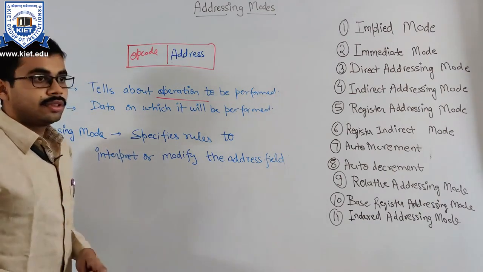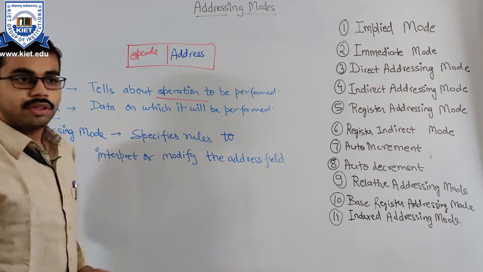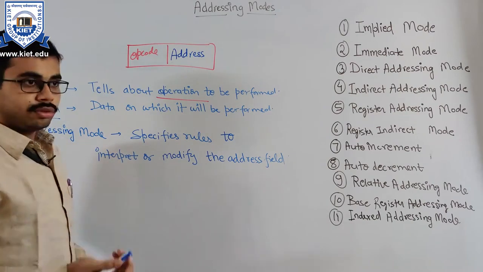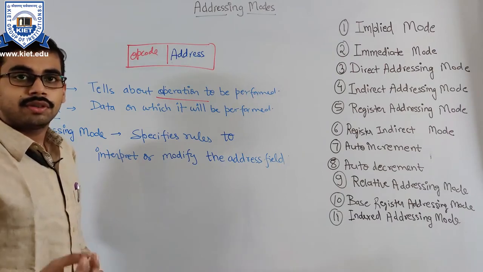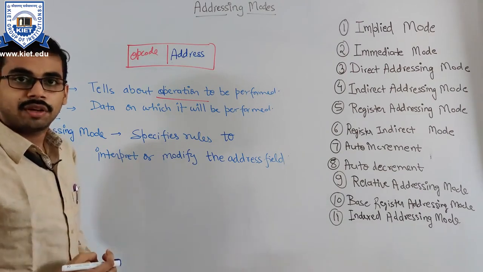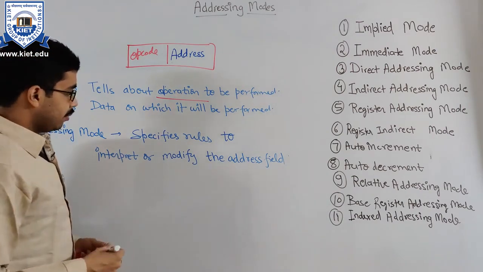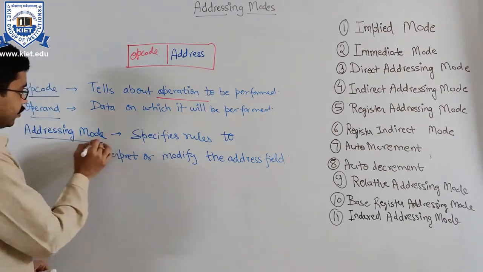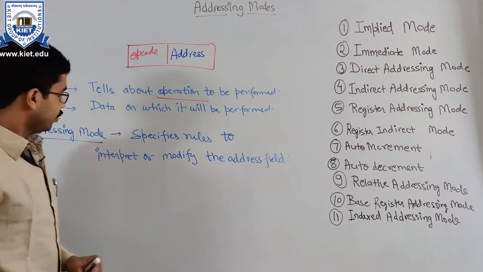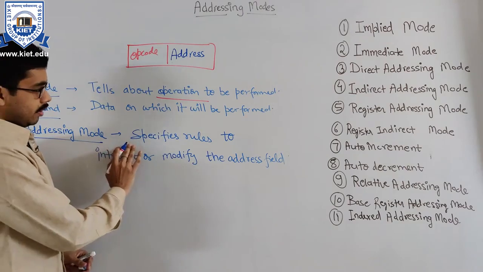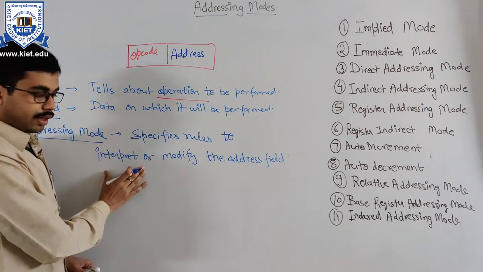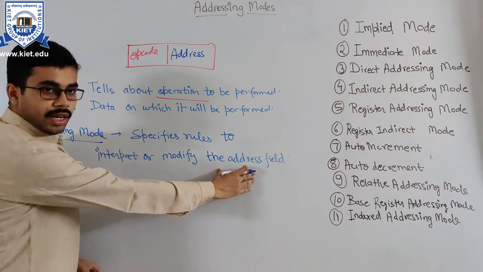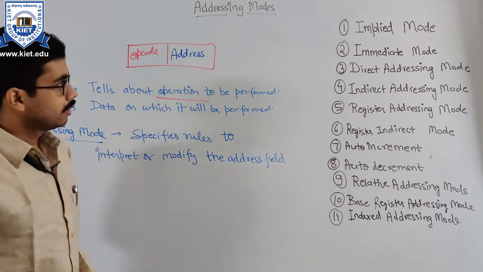Before getting to the operand, how we use the address field to interpret or modify that address is told by our addressing mode. So the addressing mode specifies some rules which will interpret or modify the address field.